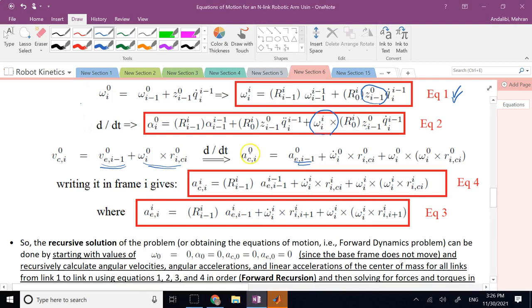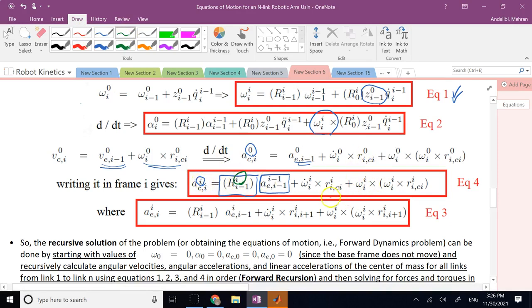So instead of writing it in frame 0, I can write it in frame I, and for that I will use again a rotation matrix to do the projections, because this A of the left node can easily be measured in its own body attached frame. So if you multiply by rotation of I minus 1 to I, it will definitely take it to frame I for you, right? The same thing that you have here.